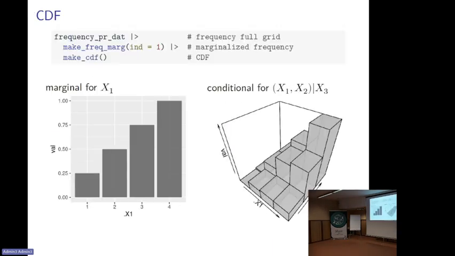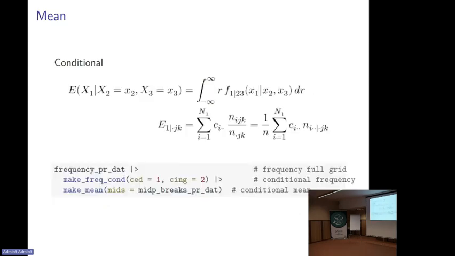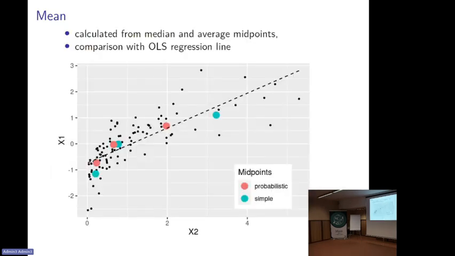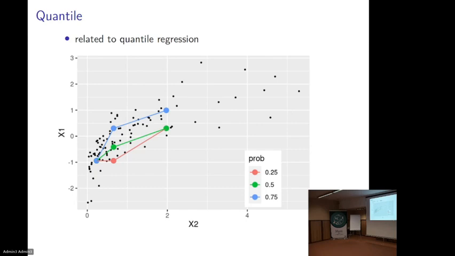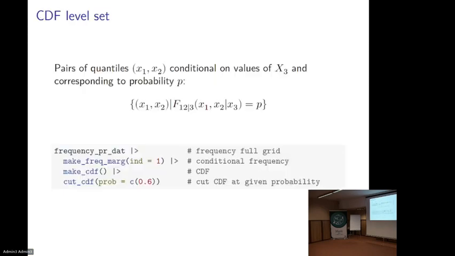There is theory behind it. For example, you see the two-dimensional cumulative distribution function on the right. Conditional mean can be used for a regression task, or you can do quantile regression, just specifying the probability you like, and also finding level sets.